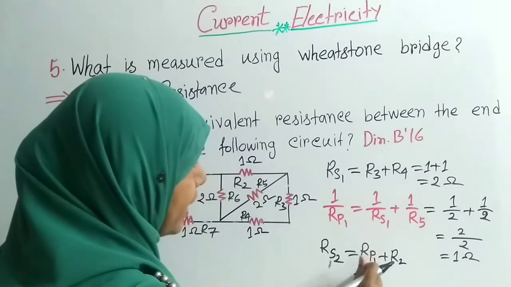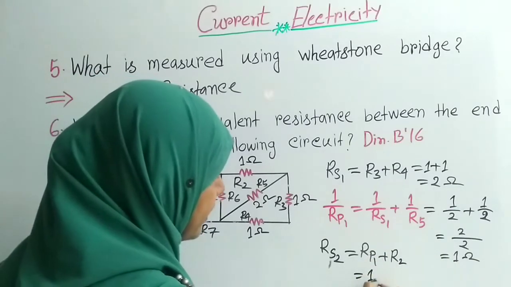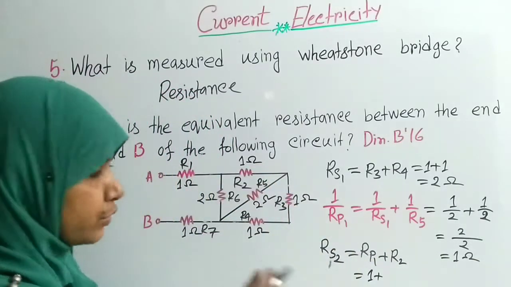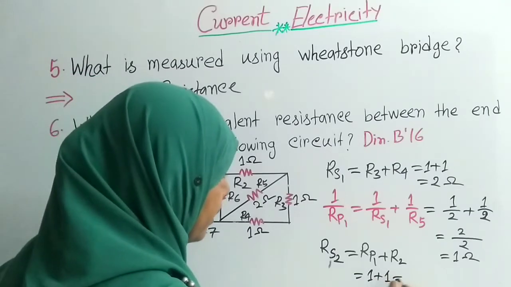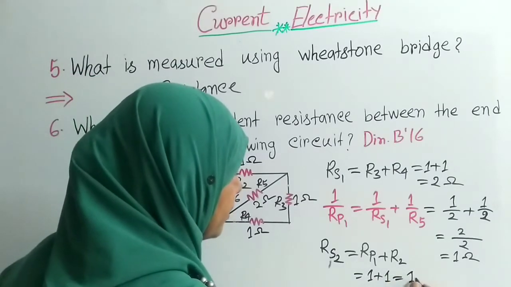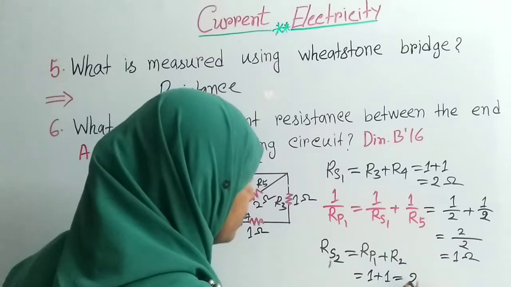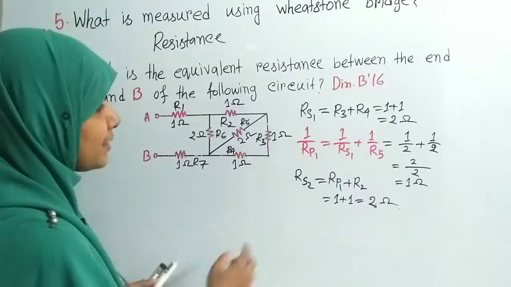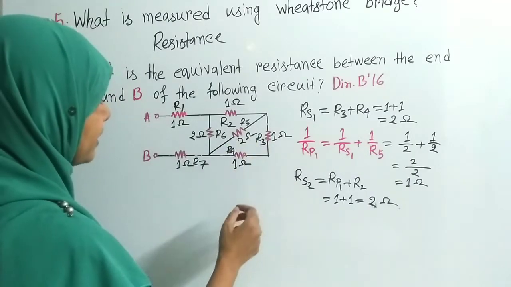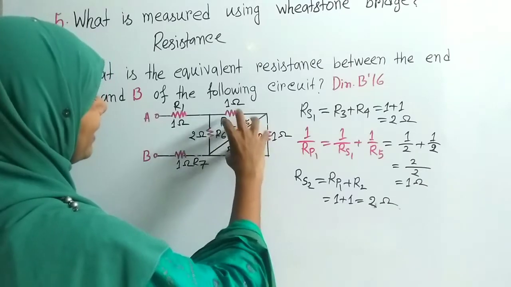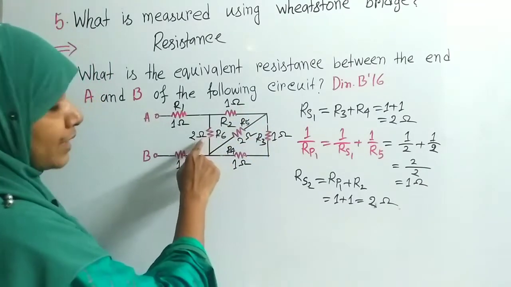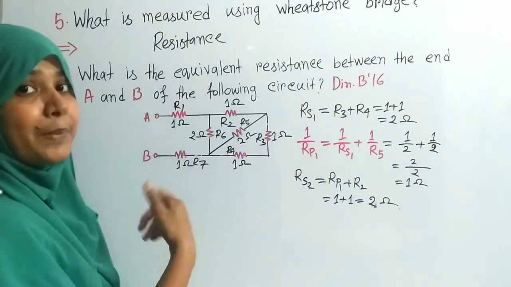Now the value of Rp1 is 1 and the value of R2 is also 1. Now our equivalent resistance will be 2 ohm. Rs2, that means the equivalent of this portion, is connected with this R6 resistance in parallel combination.